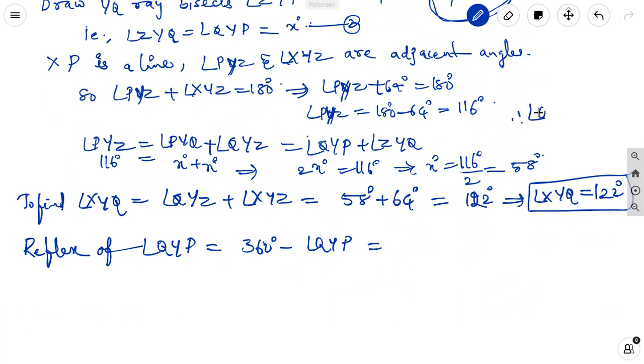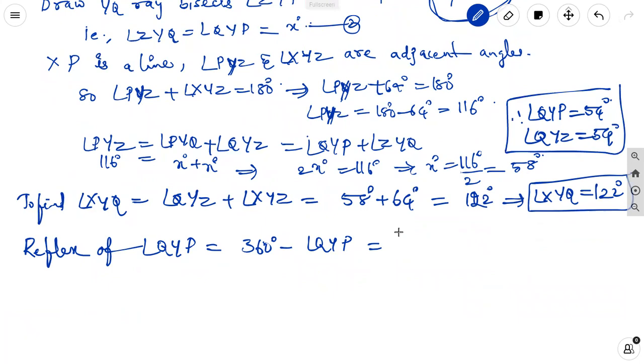Here I wrote 54 degrees, but it's not 54, it's 58 degrees. x degrees equals 58 degrees.